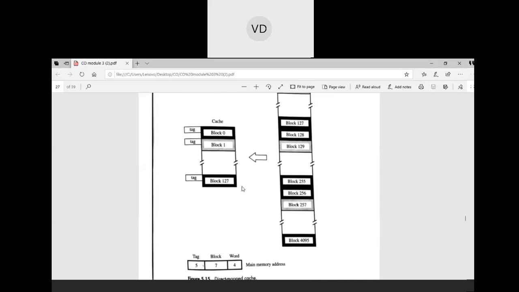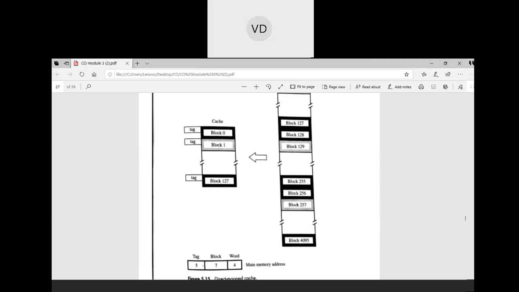Understanding how we are mapping the data from main memory to the cache memory: we are just using j mod 128. Then, a 16-bit memory address is generated. How is that 16 bit?